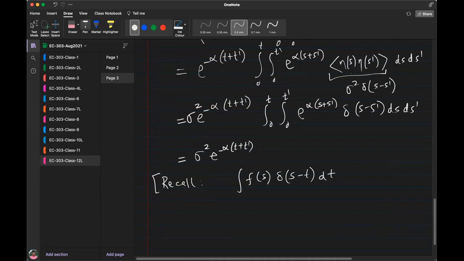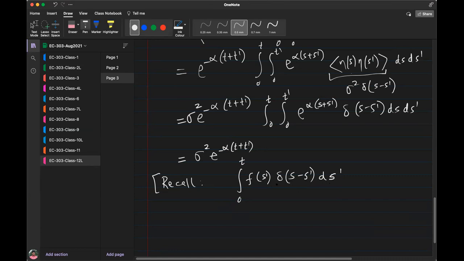So let me just use a different notation. Let's say this is s prime. So f of s is some function, and then you're multiplying with the Dirac delta function, and then you're integrating over this variable s prime.